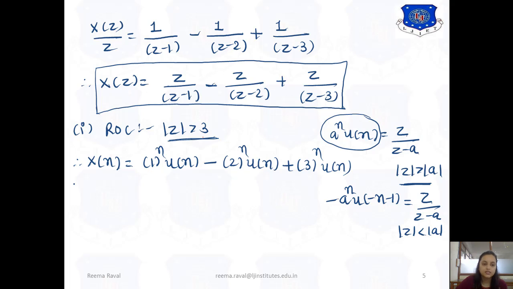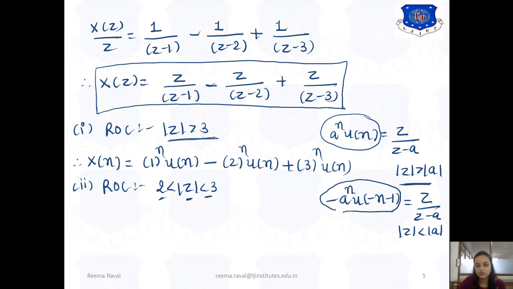Now the second case for ROC is 2 less than mod Z less than 3, right? So that means here Z is greater than 2 and it is less than 3. If it is greater than 2, it is obvious that it is greater than 1, but it is less than 3. So for this we need to consider this ROC, and the formula to be used is minus a raised to n u of minus n minus 1.